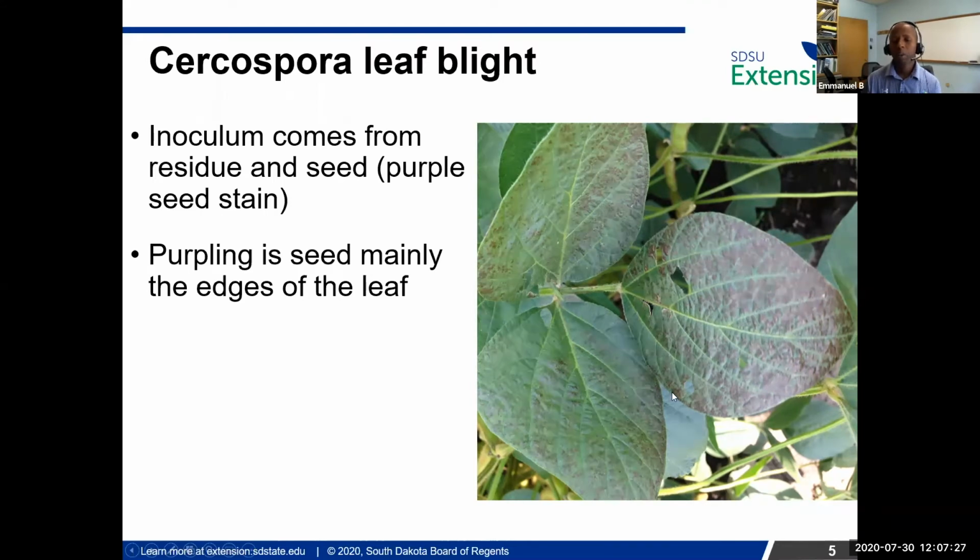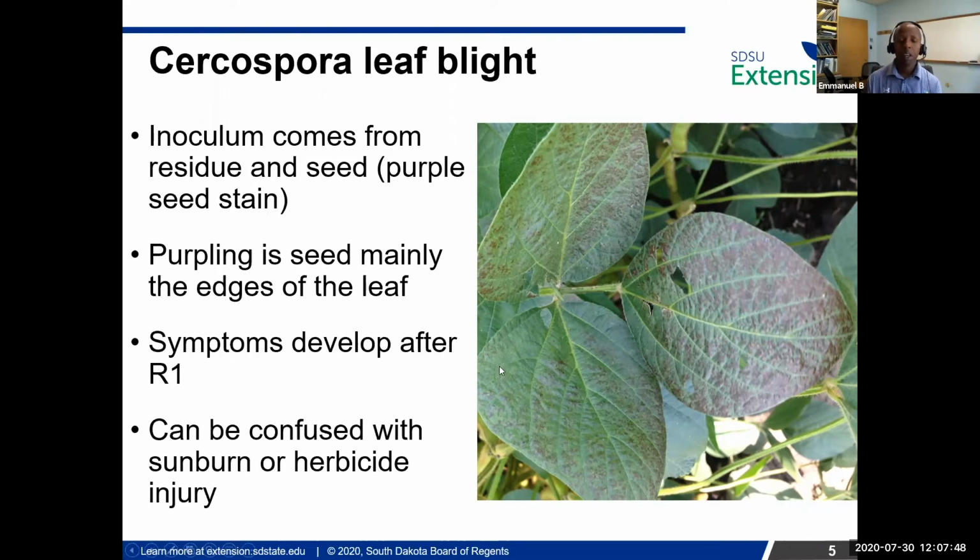We also have other problems in the field that can look like Cercospora leaf blight. I'll go through these. The inoculum comes from residue, previous season residue where the soybean were infected with this disease. But it can also come from seed, and I have an example that I'll show you.